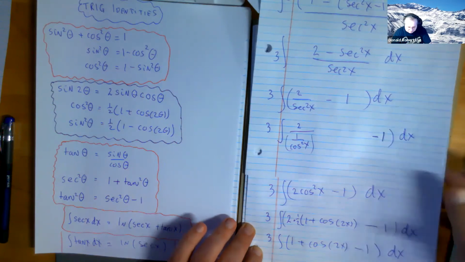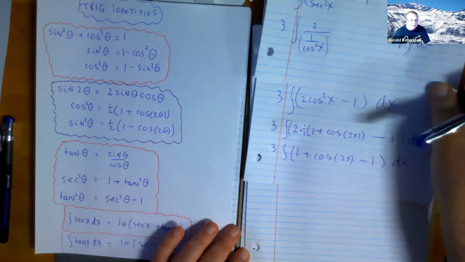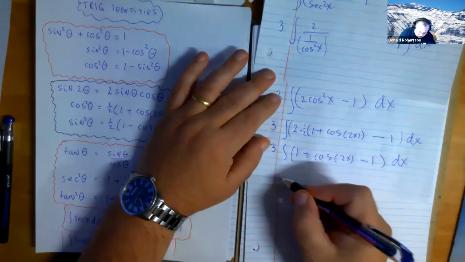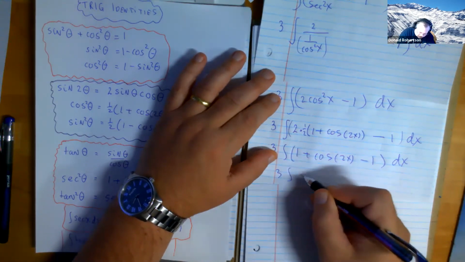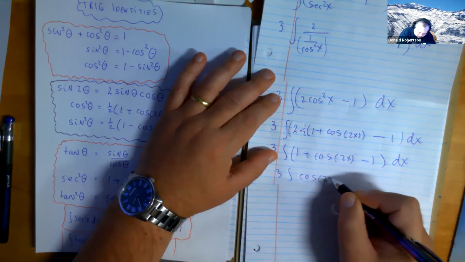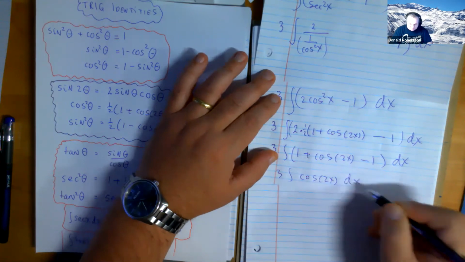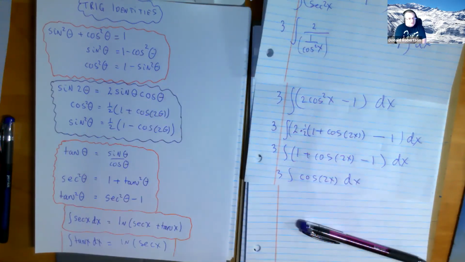Oh, wait a minute. Are you telling me that that entire thing that we started with is just cosine of 2x? That is a surprise, isn't it?